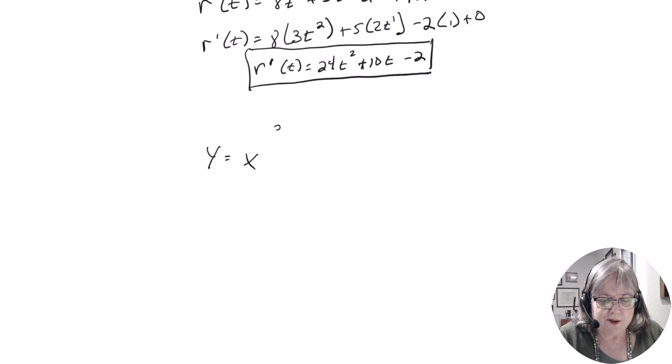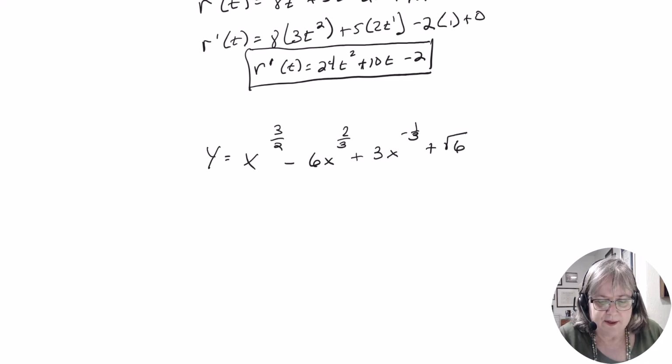Let's do one that's a little working on your fractions. So y is x to the 3 halves minus 6x to the 2/3 plus 3x to the minus 1/3 plus the square root of 6.